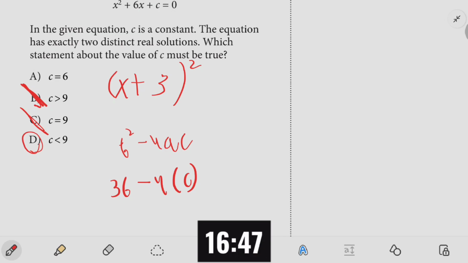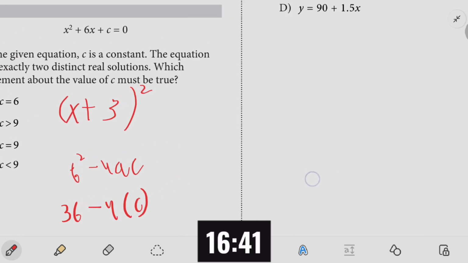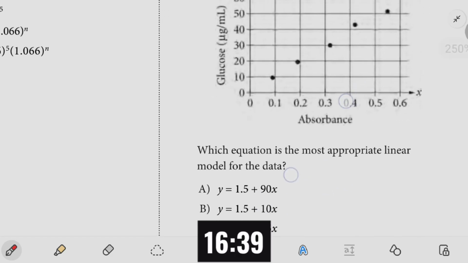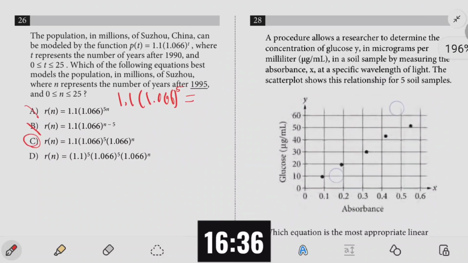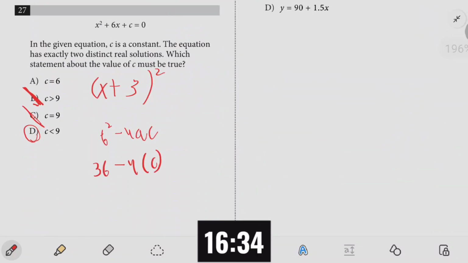Like 6 would give you two distinct solutions. So it doesn't necessarily have to equal 6, but, oh god, we have 16 minutes left. I'm going with D. Why? Because square root and A squared. Negative B plus or minus the square root of B squared minus 4AC.